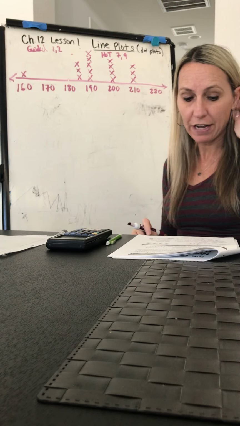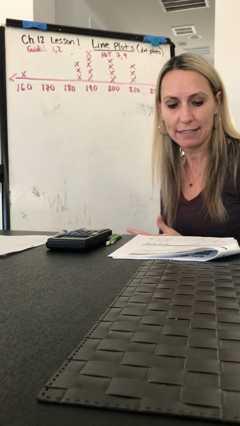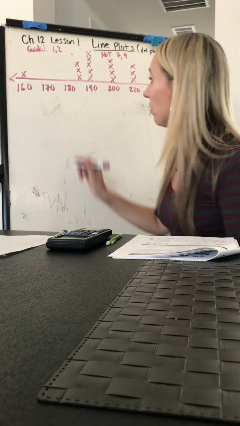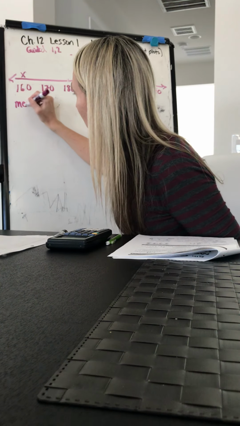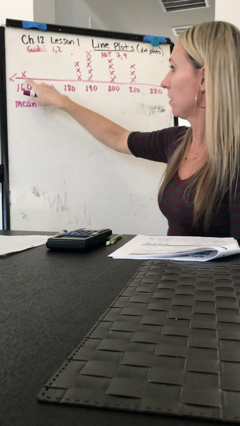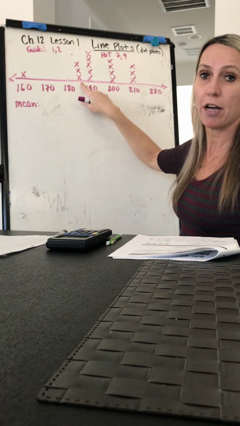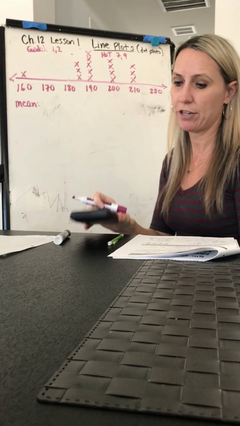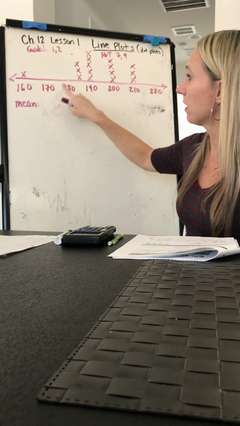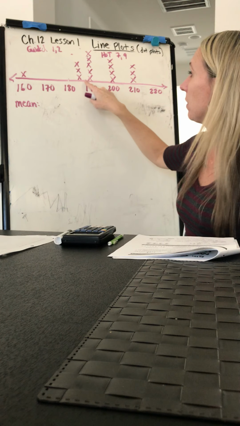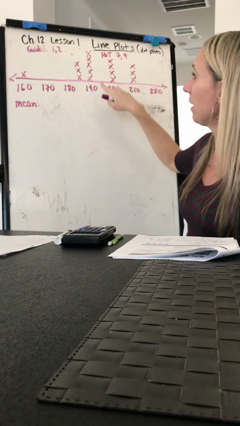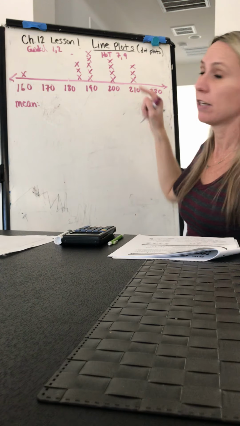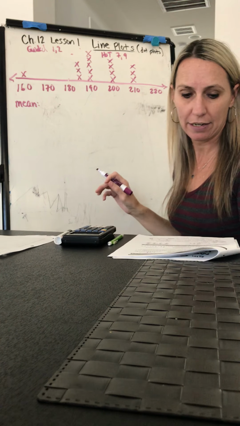Okay, now we're going to find the measures of center, or in high school, it's called the measures of central tendency. So we're going to do the mean, median, and mode. To do the mean, we have to add all of these numbers up. If you have a graphing calculator or a good calculator, you can just put in 160 plus 185 times 3 plus 190 times 5 plus 200 times 4 plus 210 times 3, and then hit enter.